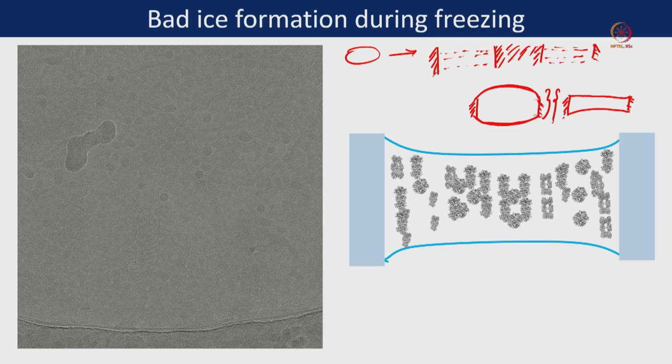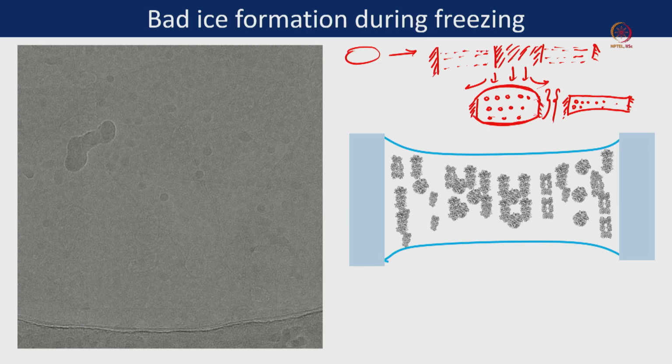If you measure this thickness, this is a very thick ice, and if you consider that you have very small protein molecules, then multiple layers of protein will be stored here. First of all, because of your thick ice, the electron beam cannot pass through properly, it will scatter strongly because your sample thickness is very high, and then multiple layers of proteins will be there, and scattering will be more because of that.